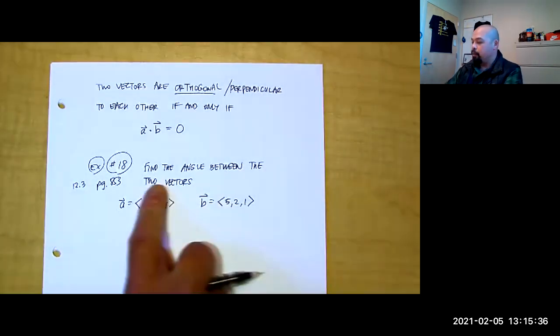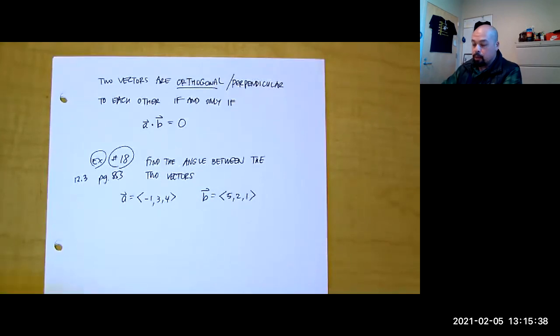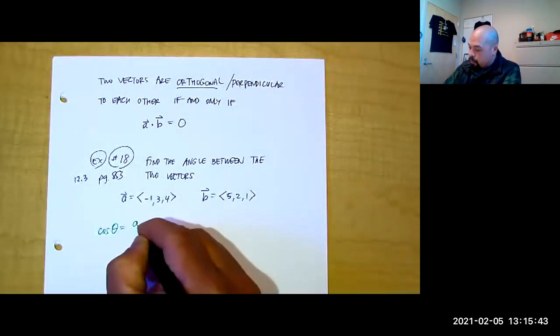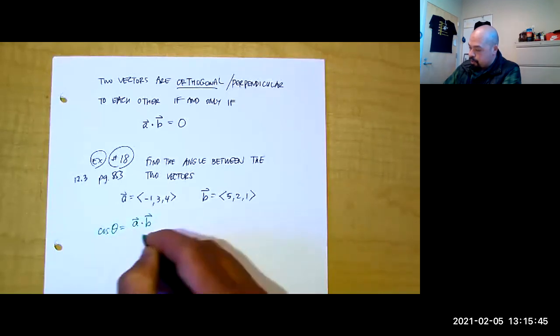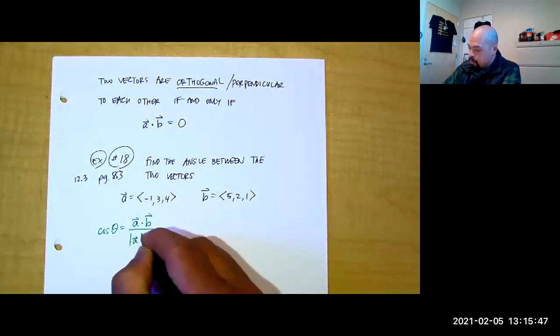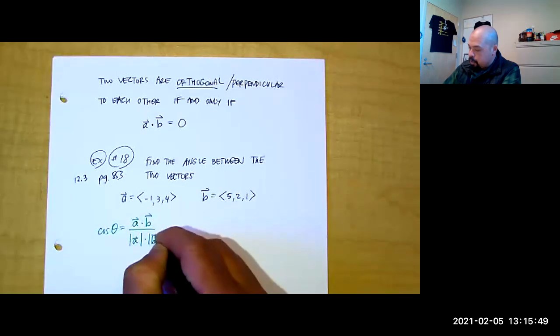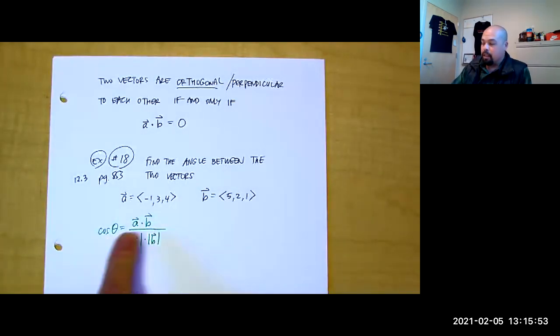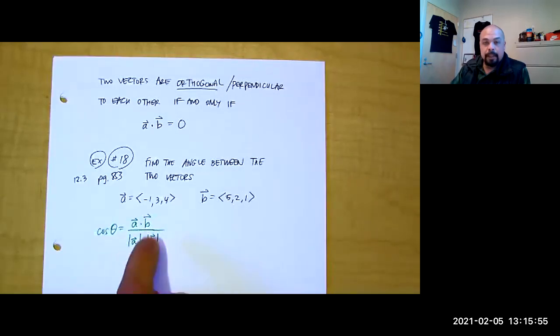And we want to find that angle between these two vectors, right? So in order to find that angle, we know my general formula that's going to help us compute is that the cosine of that angle between them is going to be the dot product of the two vectors divided by the product of their magnitudes.